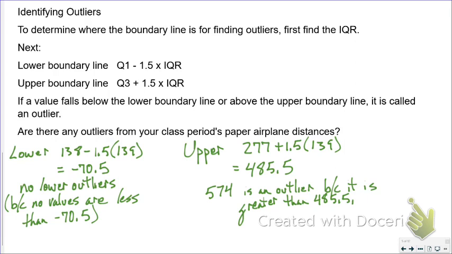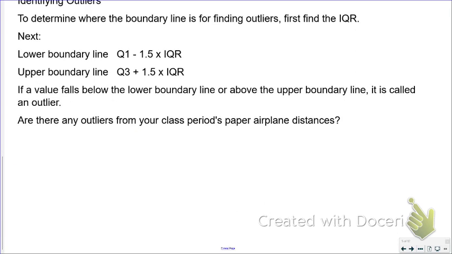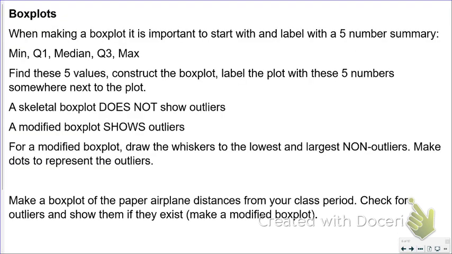All right? And I believe we're going to make a box plot. So there are two types. One book that we used to use used these two names, skeletal versus modified. And skeletal does not show outliers. This means that they just want a quick and easy box plot. Don't bother with finding outliers.